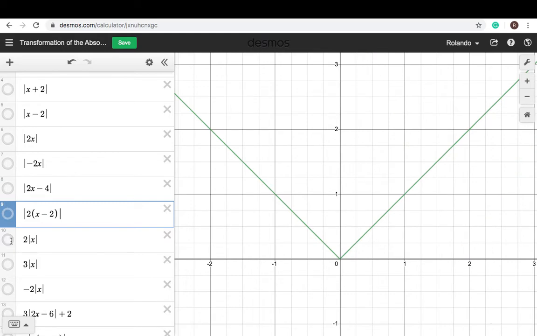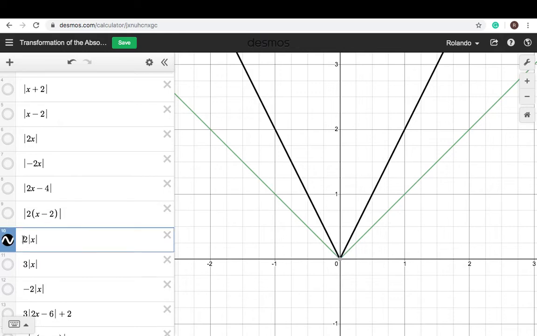And then if the number is outside the absolute value, like 2 times the absolute value of x, this time the 2 is called the vertical stretch or shrink. If the number is positive and greater than 1, it will stretch the green parent function upward by a factor of 2.